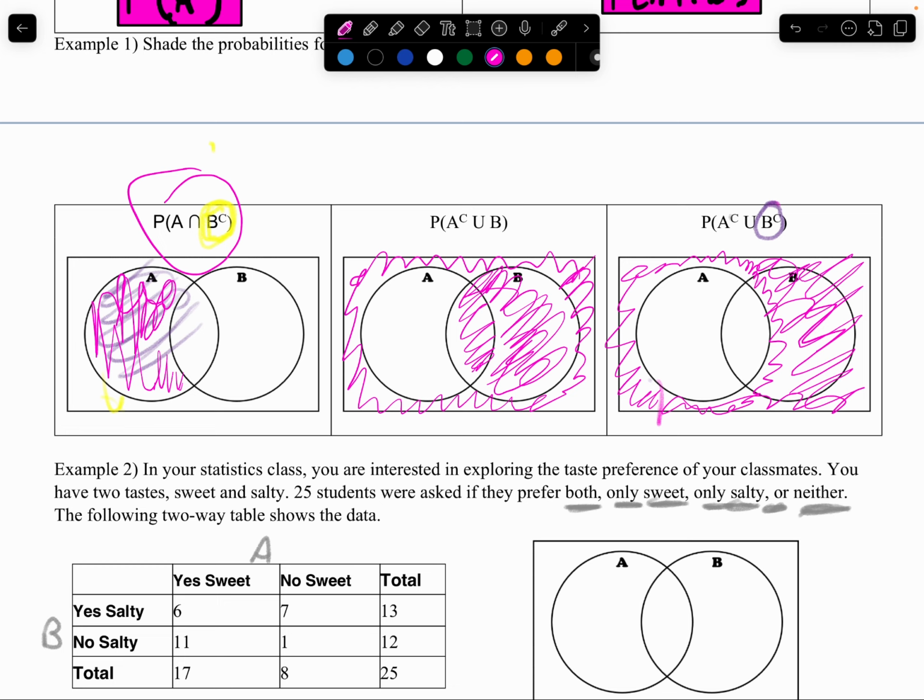Not B is everywhere that's not in the B circle. So I believe there we are. We've shaded not A or not B. So if something happens anywhere in those shaded spaces, that is the correct representation.